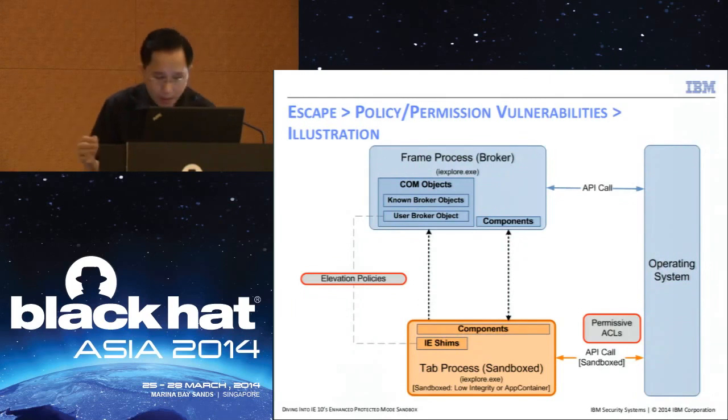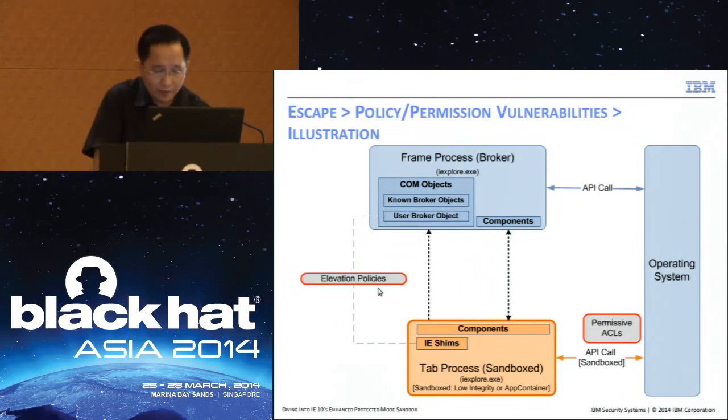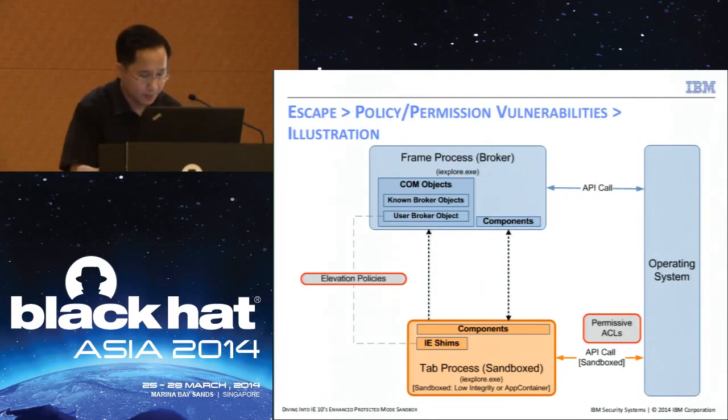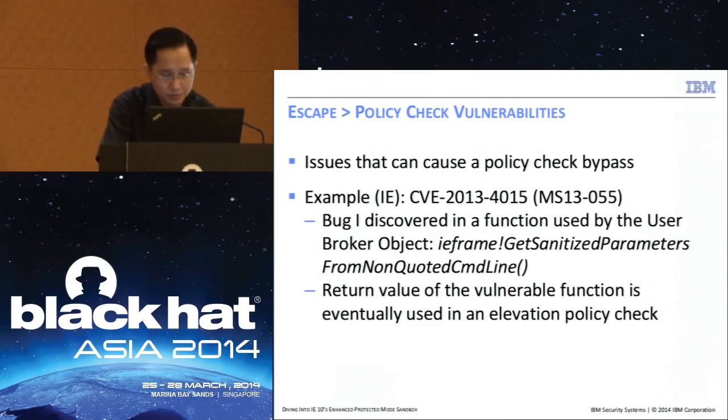So to illustrate, policy or permission vulnerabilities involve permissive sandbox policies, which in the case of IE are permissive elevation policies. This also includes looking for resources to which the sandbox process still has write access. If those resources are being read by a higher privilege process, then that might be an opportunity for sandbox escape.